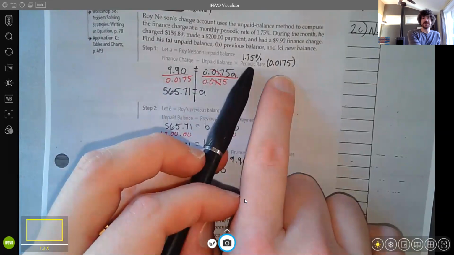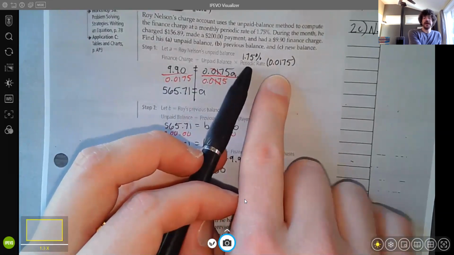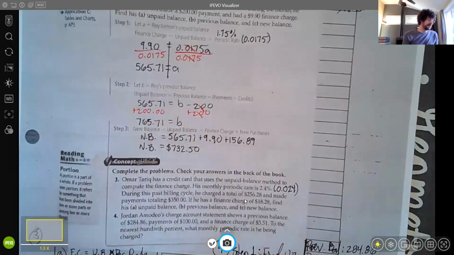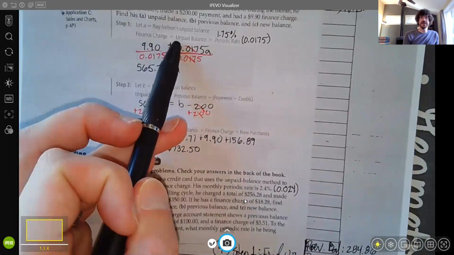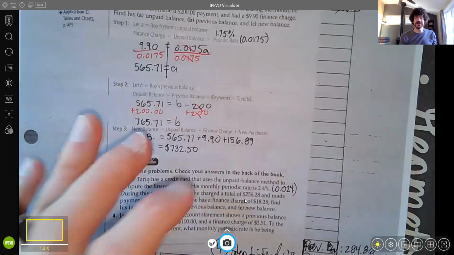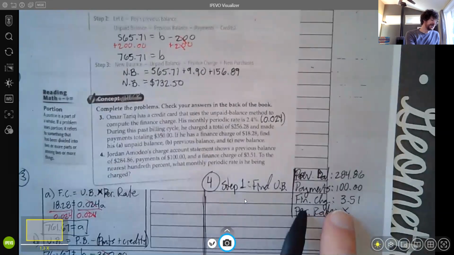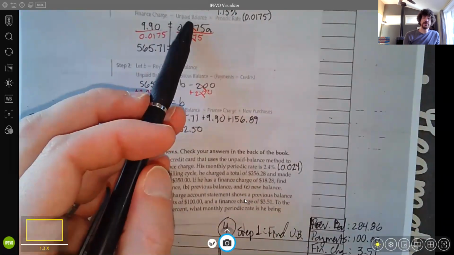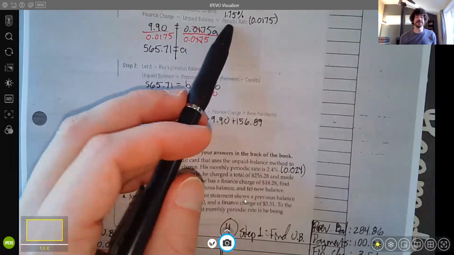So we're trying to figure out this right here. And in order to figure out what the periodic rate is, that means we need both the finance charge and the unpaid balance. Well, if we look down here, we have the finance charge. We don't have the unpaid balance. So we have to get the unpaid balance before we can figure out what the periodic rate is.